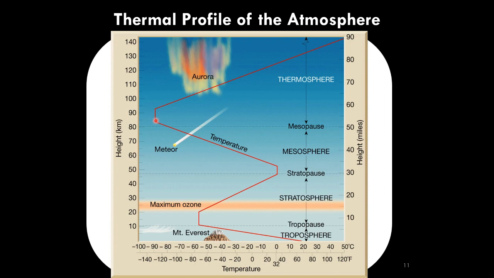It has an average temperature of about minus 85 degrees Celsius, or negative 120 degrees Fahrenheit. In the thermosphere, temperatures increase with altitude due to the very low density of molecules found here. It is both cloud and water vapor free.